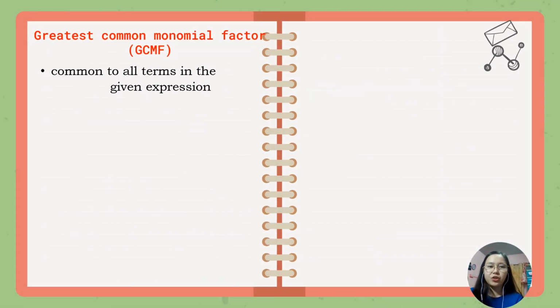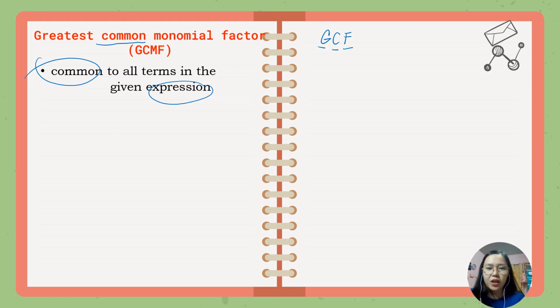As I have mentioned earlier, I used the word common. So we have here greatest common monomial factor, GCMF. It is common to all terms in a given expression. Pag expressions kasi, meron siyang variables and the numbers or the numerical coefficient. Usually you are familiar with GCF or the greatest common factor.